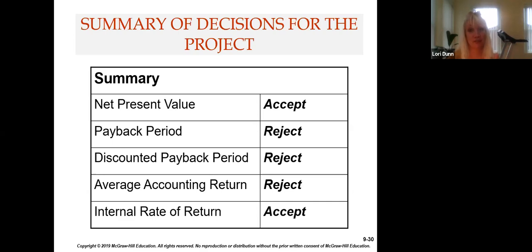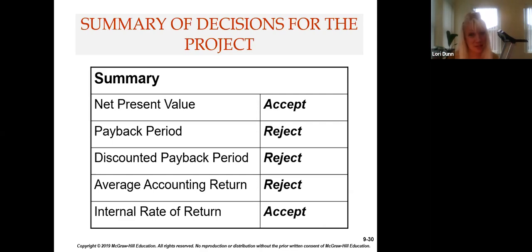Now remember, there are inherent problems with using any of those three that would have rejected this project. And we talked about those various problems, especially that none of them, except maybe discounted payback period, look at time value of money in any of the calculations. But the internal rate of return said, yeah, accept it.